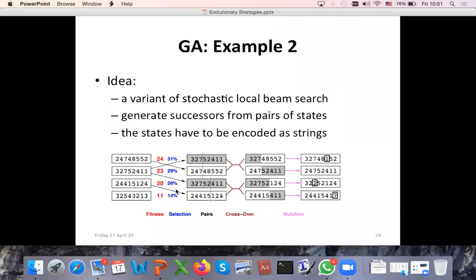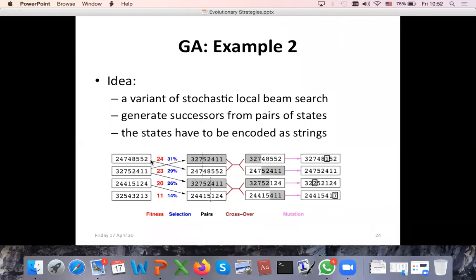Anyhow, this is an incomplete example. We are only getting the idea, but you can understand this example in detail from different sources that are available on the internet. So this is the percentage of selection.